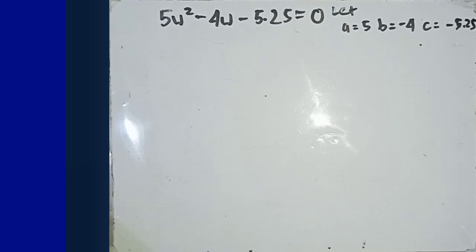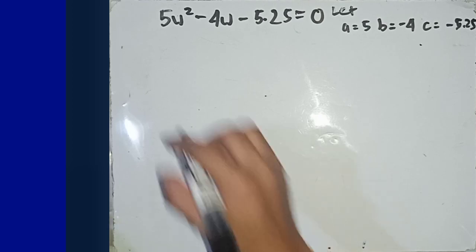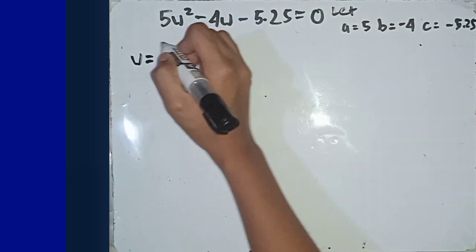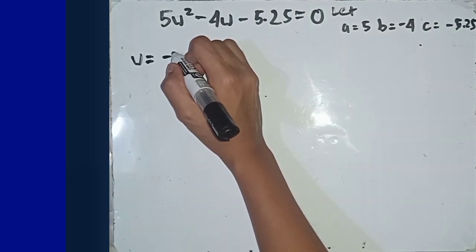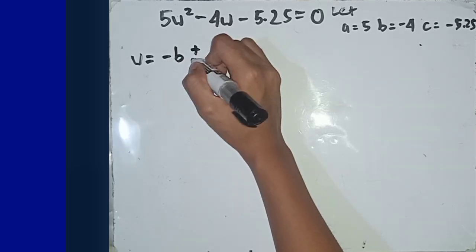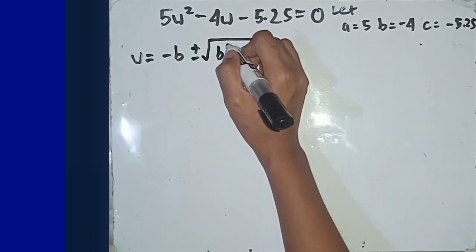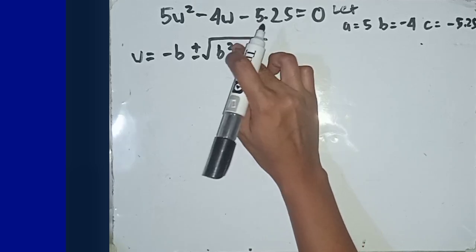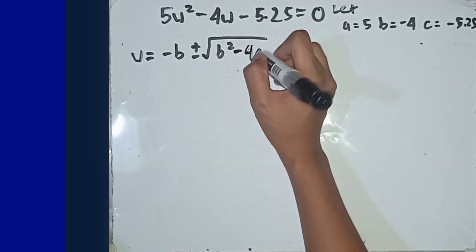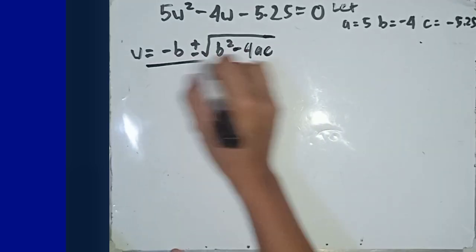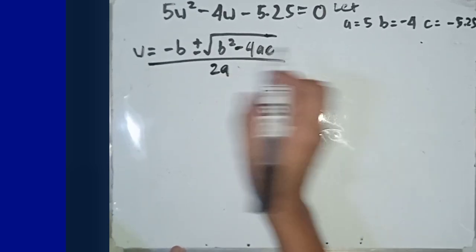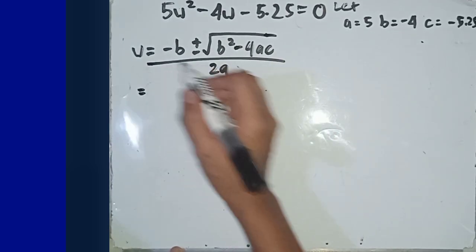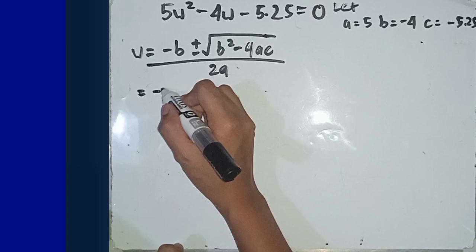Okay, the Pythagorean theorem. Pythagorean? No, it's not Pythagorean. It's the quadratic formula. So W would be equal to negative B plus or minus square root of B squared minus 4AC all over 2A. Next, we will be just substituting it into the formula.